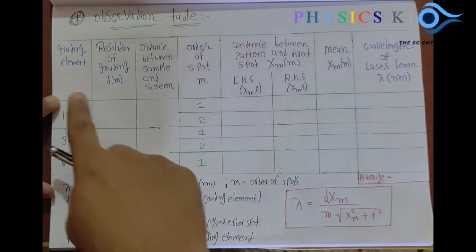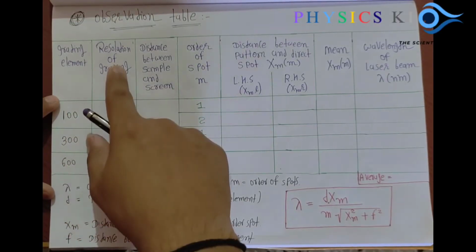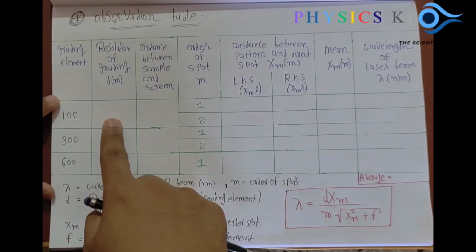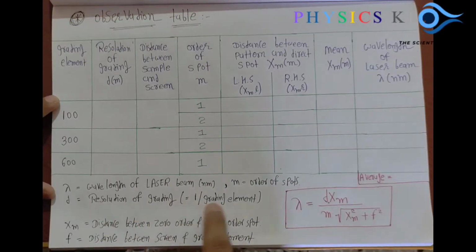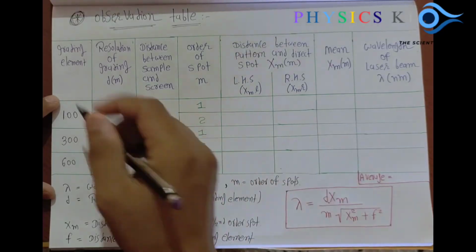Let's go with the observation table. We have three different types of grating. The second column is the resolution of grating. How do we find the resolution of grating? Simple, 1 divided by the grating element, so just take an inverse.